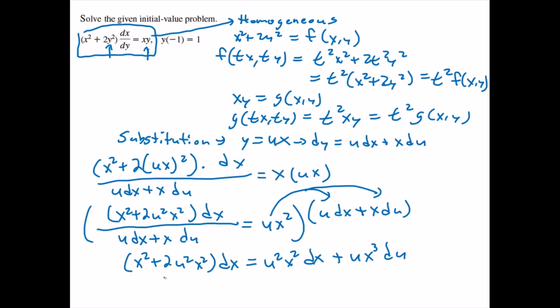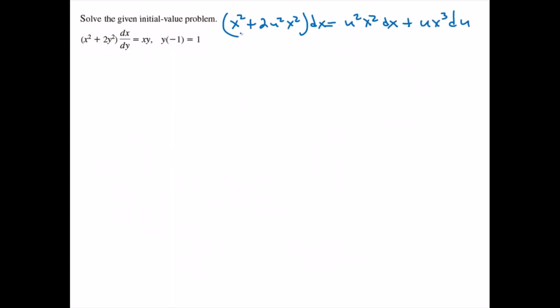So we'll first distribute on the left-hand side, and that will give us x squared times dx, plus the 2u squared x squared times dx, and on the right-hand side we have u squared x squared dx plus ux cubed du.